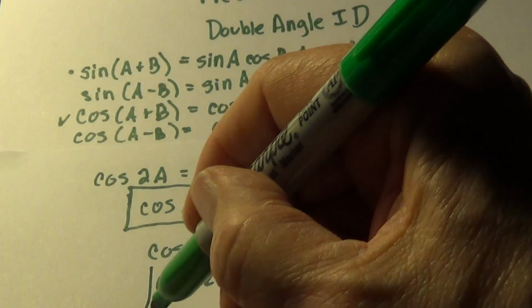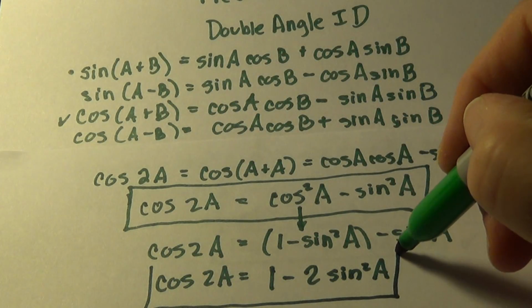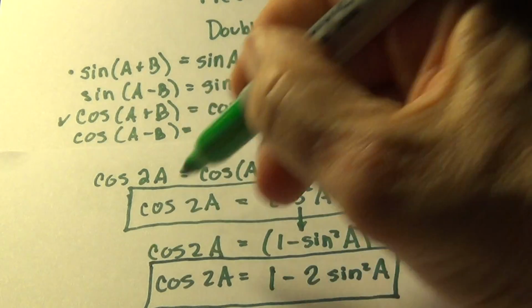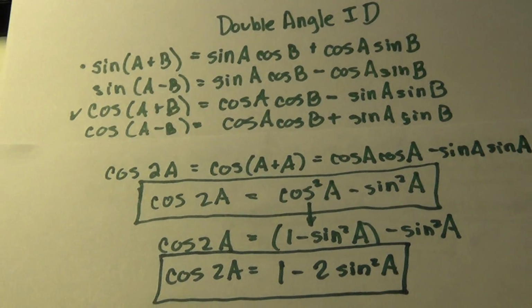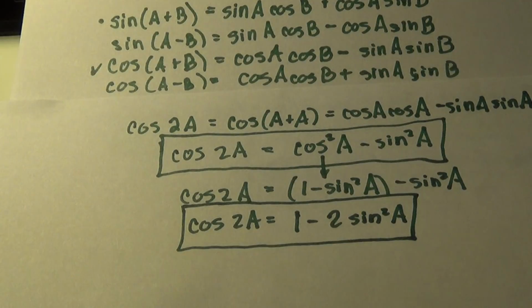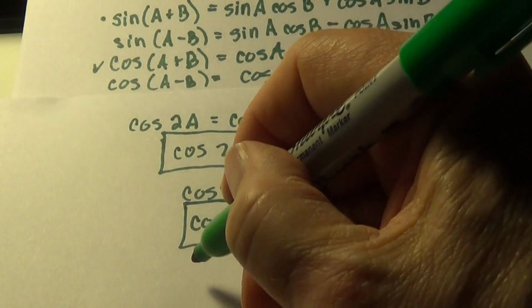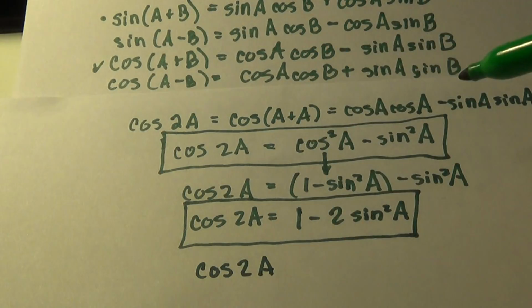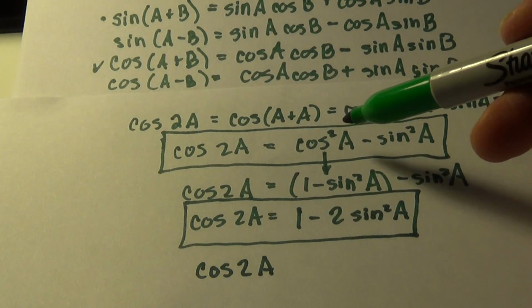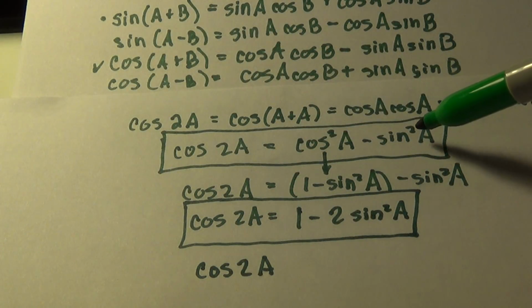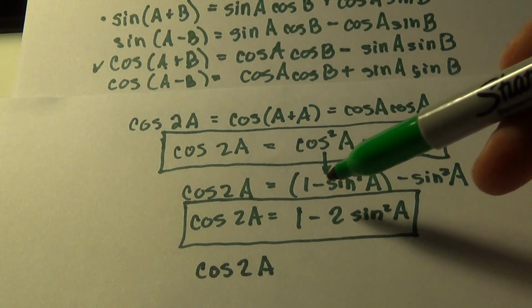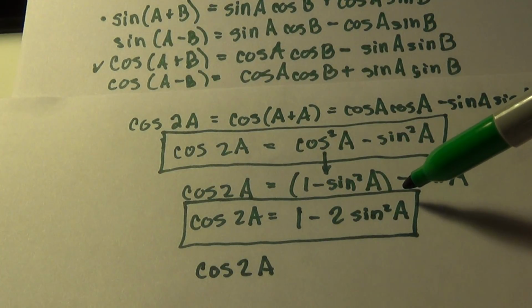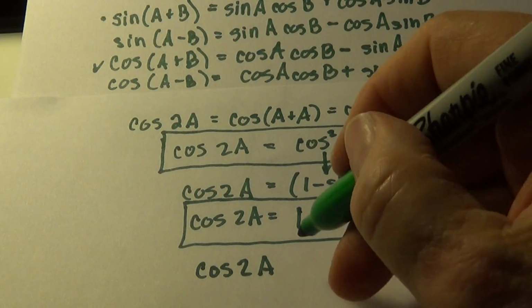So how's your algebra with trig expressions? All right, hopefully you see where that came from. How about cosine of 2a again? Is there another form? Well, up here we had it in a form that had cosine and sine in it. Here we had it in a form with only sine in it. So guess what's next?